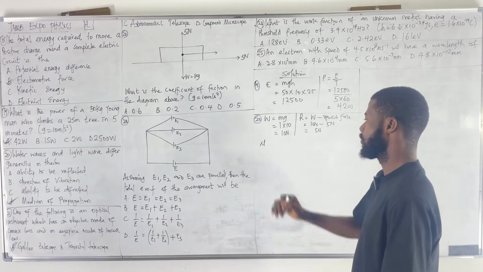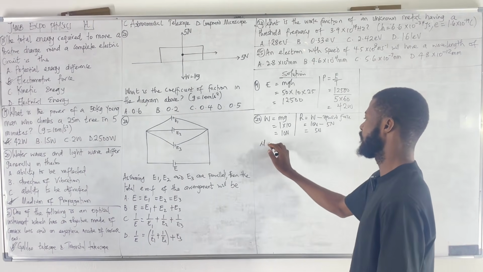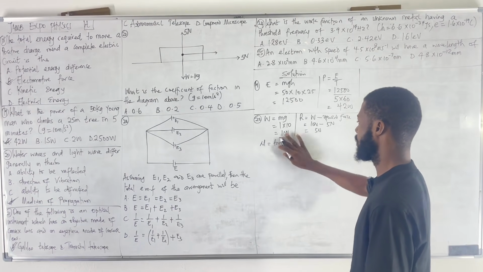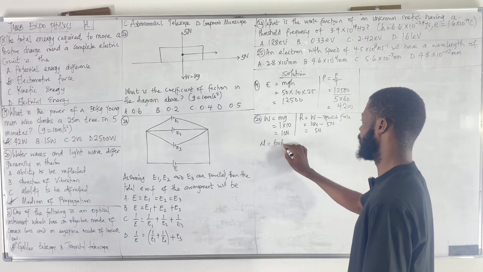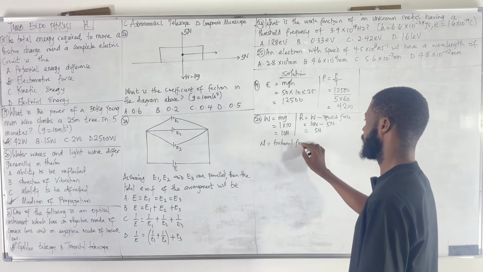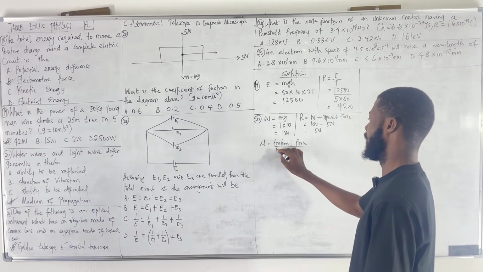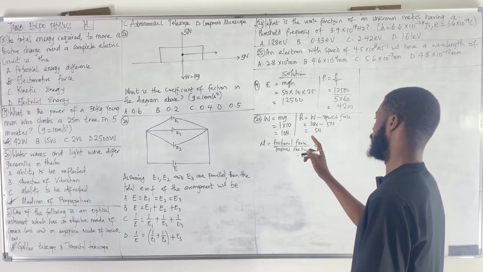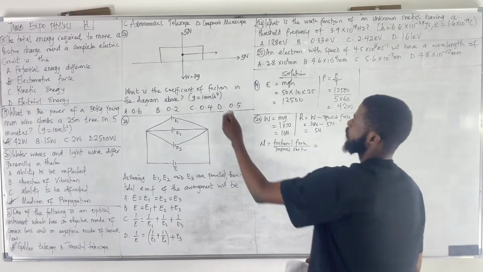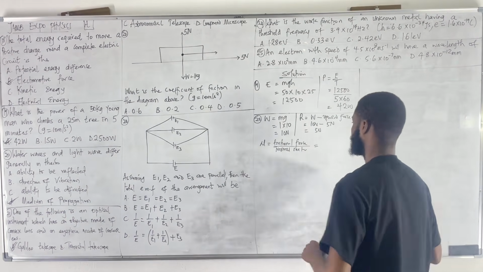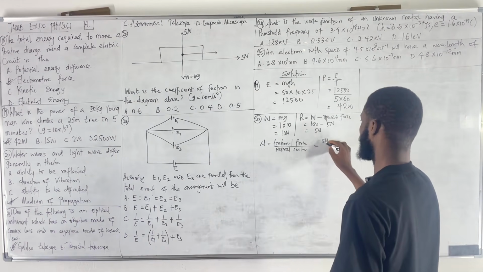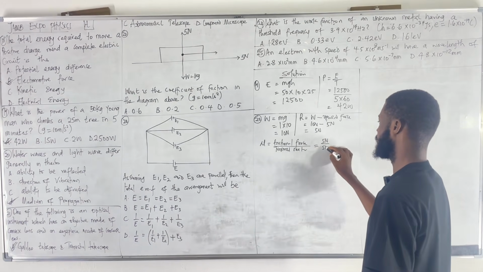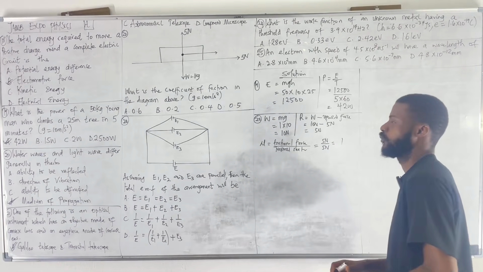The mu, which is the coefficient of friction, is the frictional force divided by the normal reaction. Our frictional force in this case is 5 Newton, divided by our normal reaction, which is still 5 Newton. But 5 over 5 will give us 1.